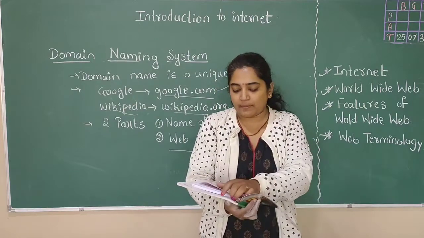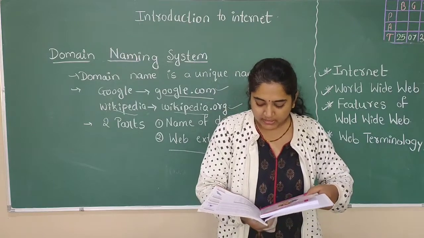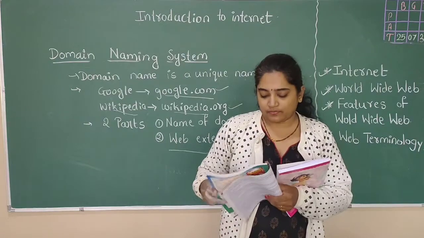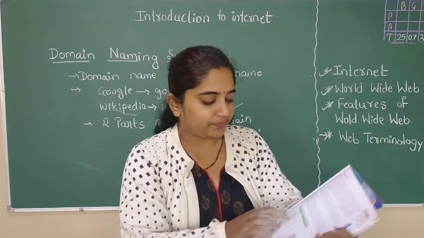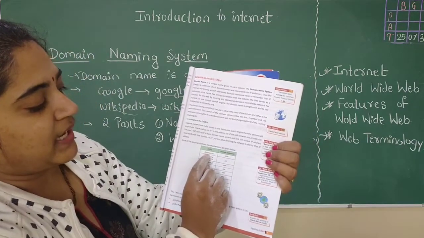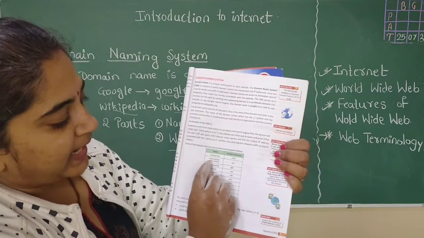Now I will show you some extensions and entity domain names. Please go through that in the textbook, which I will read from your book. See here. The entity is commercial, .com extension.